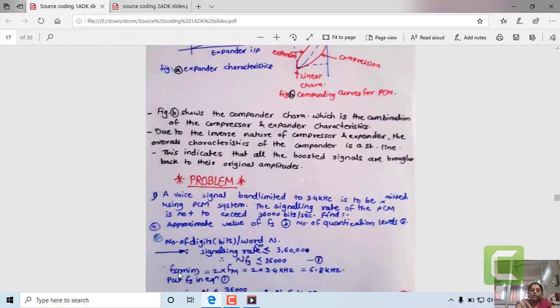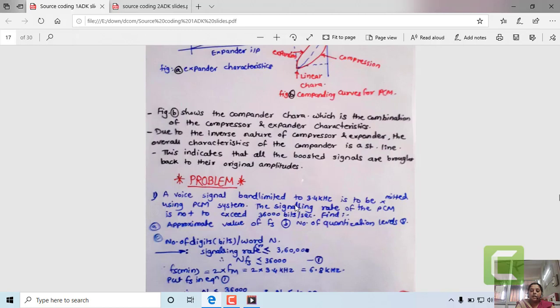To obtain this Fs, we should take the equality condition, Fs equals 2 into Fm. So we have stated this as Fs minimum, which will be 6.8 kHz.